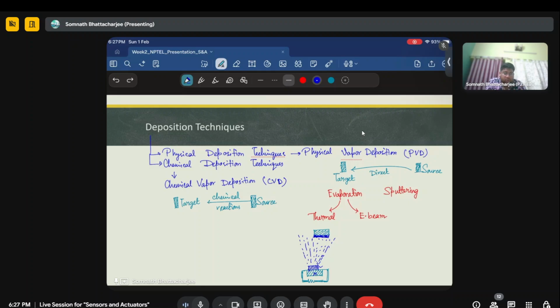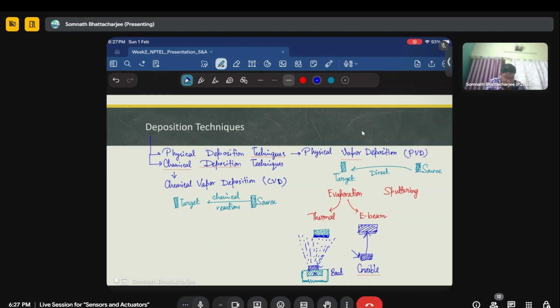So we need to use a specific kind of system. In e-beam there is a crucible instead of a boat, and the E-beam directly hits the material, and it gets evaporated directly onto the sample.